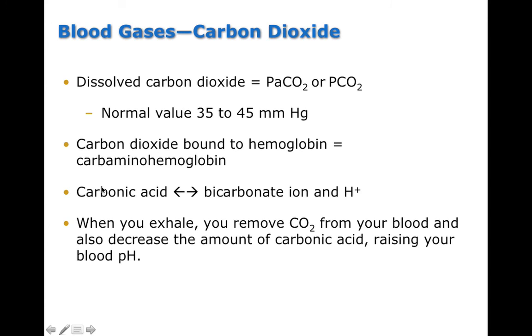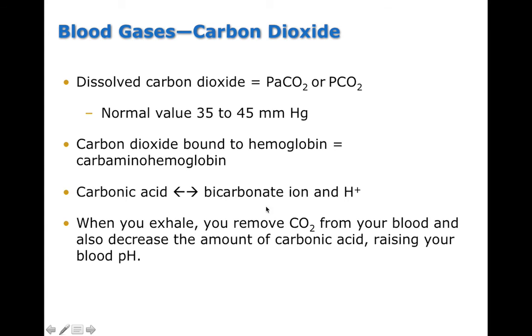This is actually done through an enzymatic reaction using carbonic anhydrase. So water and CO2 can form carbonic acid, which then can dissociate into bicarbonate ion and hydrogen ion, so that when you exhale and remove CO2 from your blood, you're also going to remove that carbonic acid, which is going to raise your blood pH or make it less acidic. So it's kind of an interesting phenomenon here.